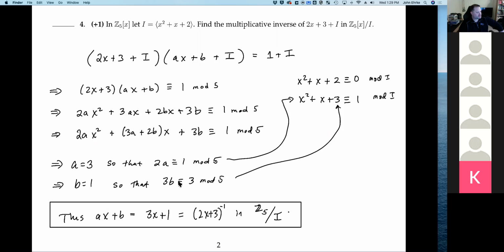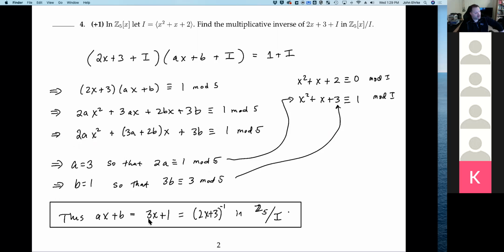So I need 3b to be equivalent to 1, which means that b is equivalent to 1. I also know that 2a needs to be equivalent to 1, which would lead me to believe that a is 3.